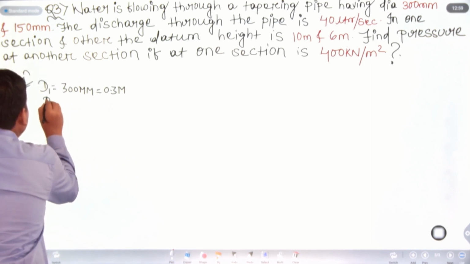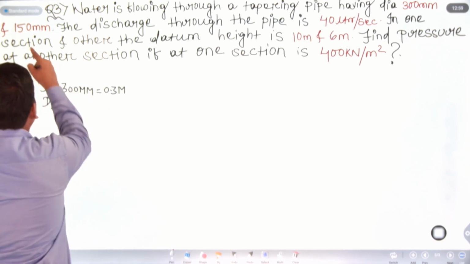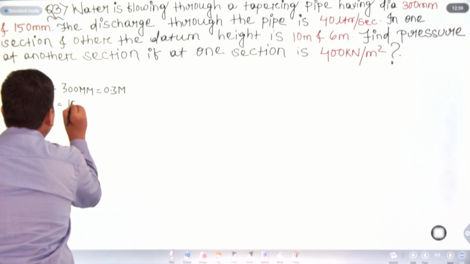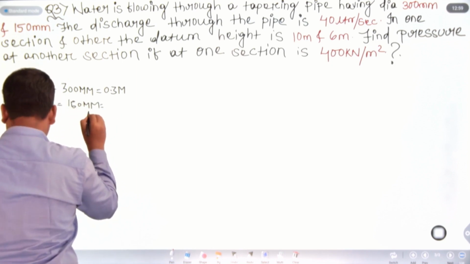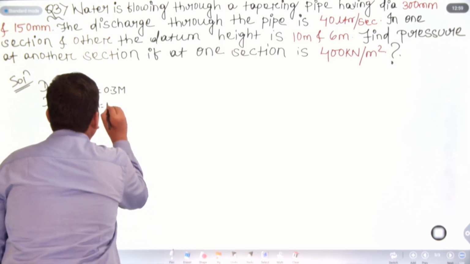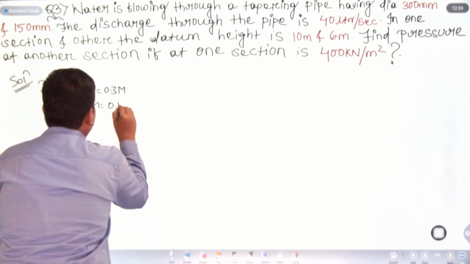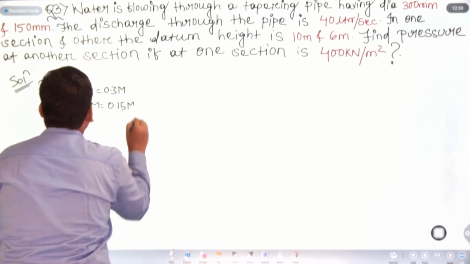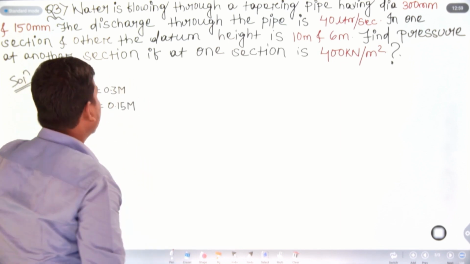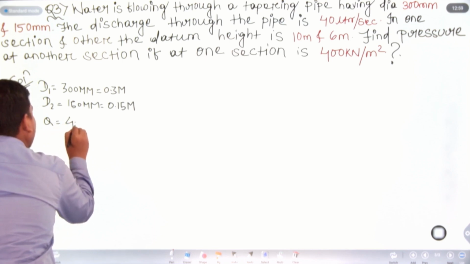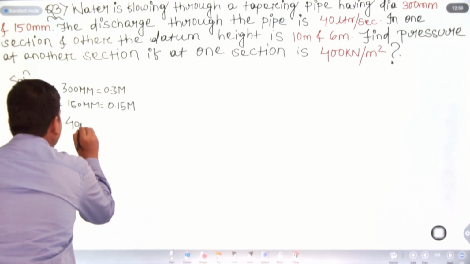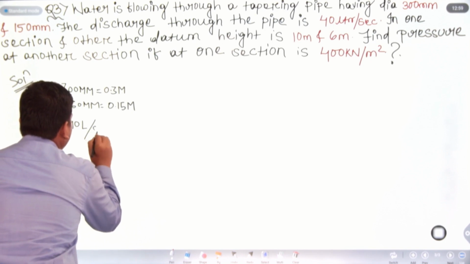So D2 is equal to 150 mm, which is 0.15 meter. Then discharge Q is equal to 40 liter per second.